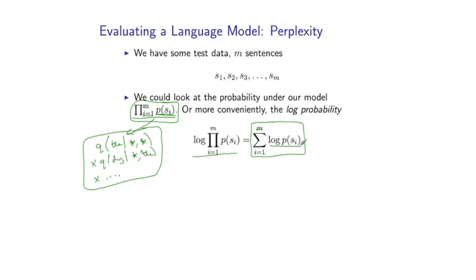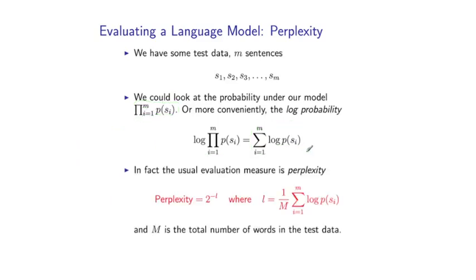And again, the higher this log probability, the better our language model is as a model of these test data sentences. So this would actually be a perfectly good measure of the quality of a language model, but we're going to transform this quantity in a couple more steps, which will turn out to be convenient.